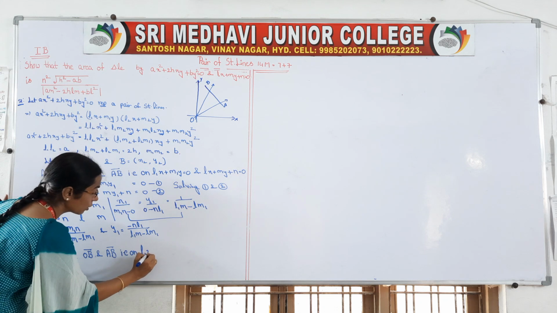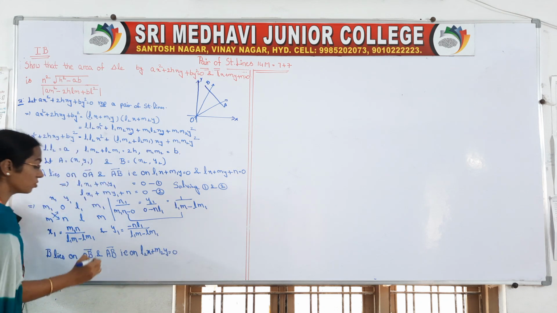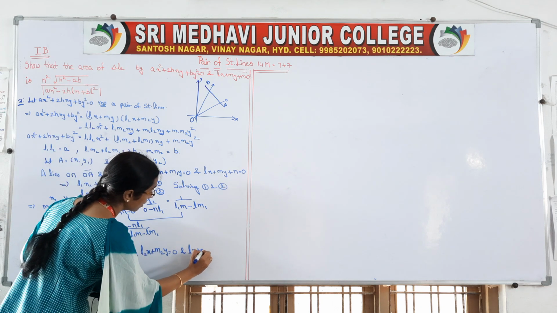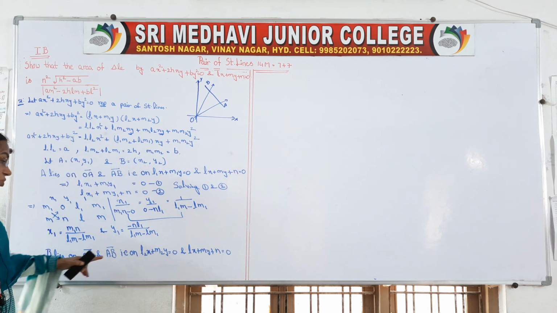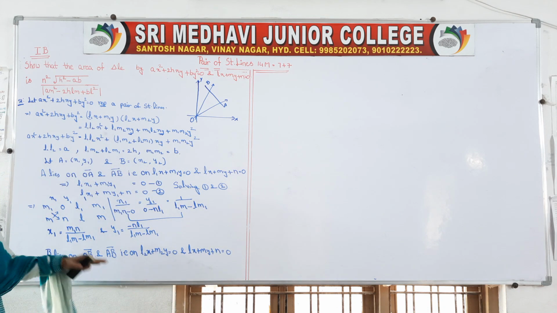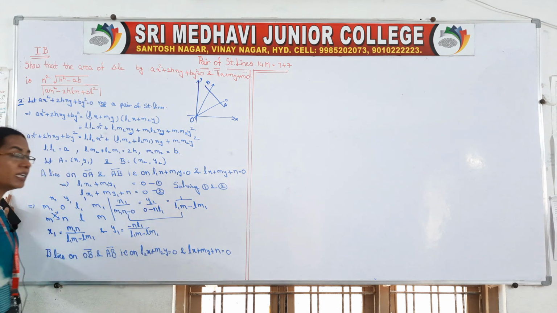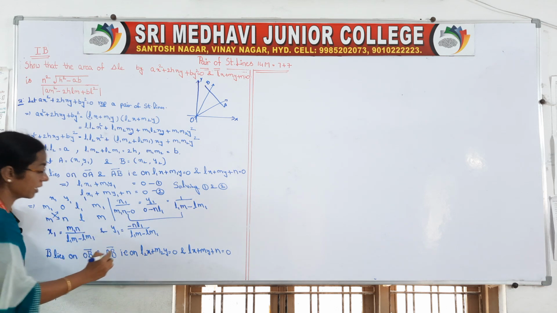That is L2x plus M2y is equal to 0. And AB line is given line, Lx plus My plus n is equal to 0. So this point B satisfies these two line equations. That means point lies on those two line equations.